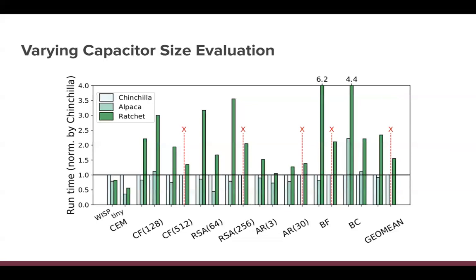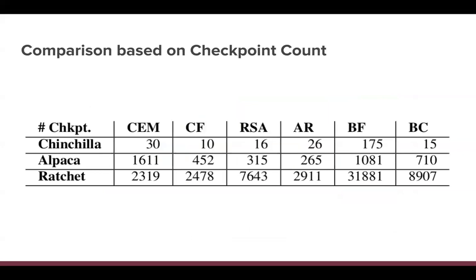Chinchilla also does well on varying capacitor size evaluation, where some of the benchmarks actually did not work with Alpaca, but the ones that worked on all three of them, on average, Chinchilla outperforms both Alpaca and Ratchet.